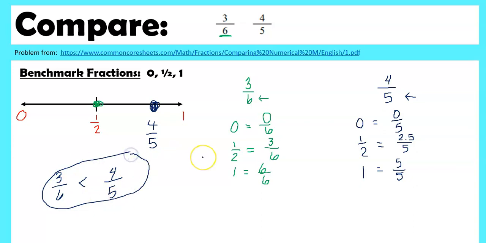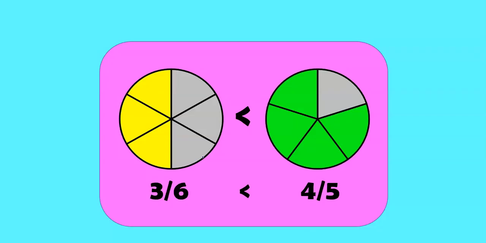And if I wanted to see that visually or graphically, it would look like this. So I have a pie chart, or a pie, and I've divided it into 6 pieces. And then I've colored in 3 of those 6 pieces. So 1, 2, 3, 4, 5, 6. 3 of those pieces are colored in, which is representing half of my pie.